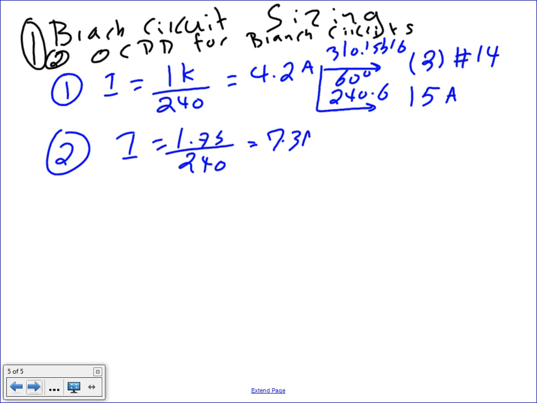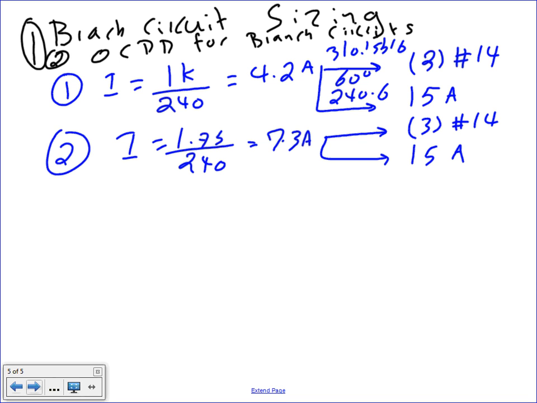Take this one from the same table. You're going to get 3 conductors, number 14, and what's the overcurrent device? 15 amps. And I'm not going to write where we got them from. Any questions, guys, about that? Straightforward, right? Branch circuits for number 2.